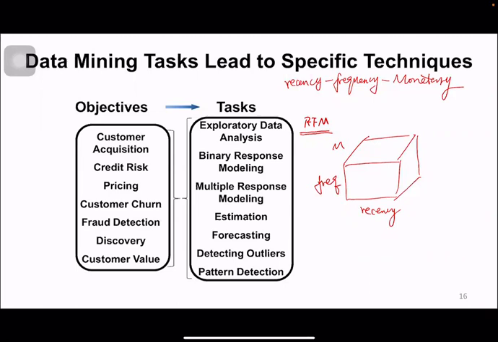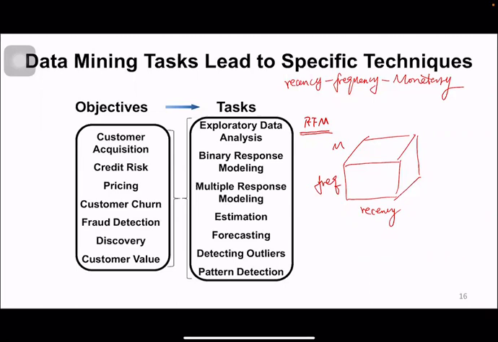This is exploratory data analysis, and it's a very useful technique widely used by many companies. Recency means how recently your customer made a purchase. For example, you are the customer: how recently did you make a purchase, how frequently do you make purchases, and how much money did you spend.